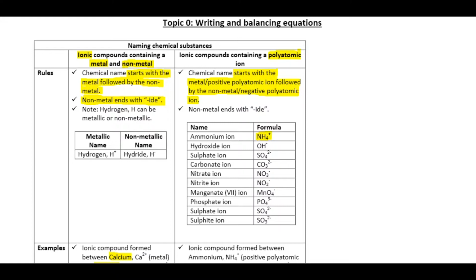The metal usually has a positive charge, so in this case it will be a positive polyatomic ion. Then you follow with the non-metal, and since non-metals are usually negative, you name the negative polyatomic ion subsequently, after the positive polyatomic ion.